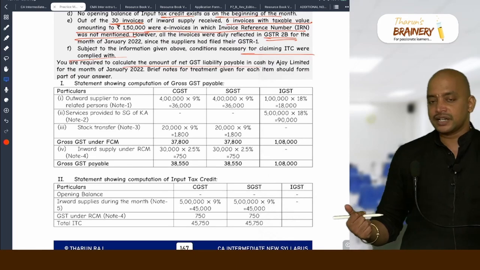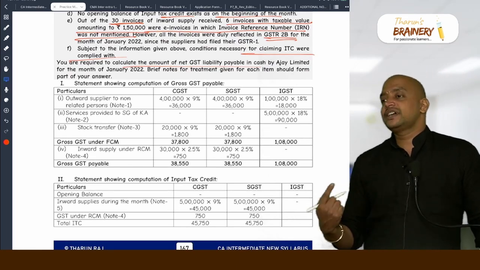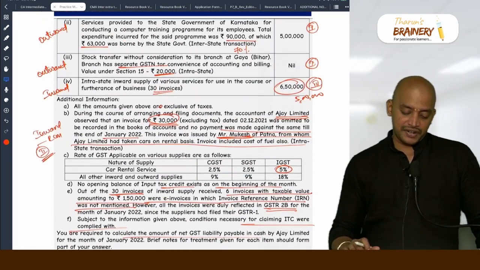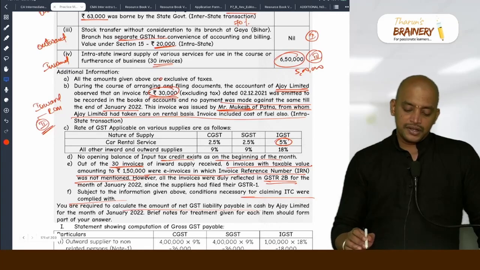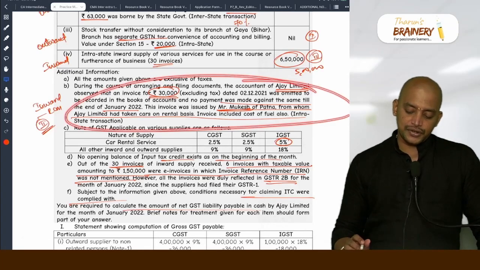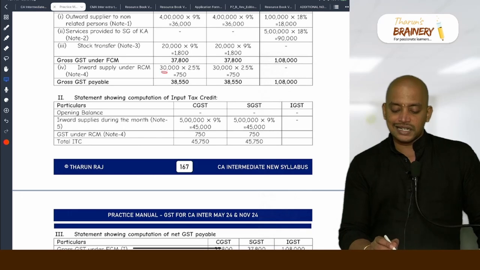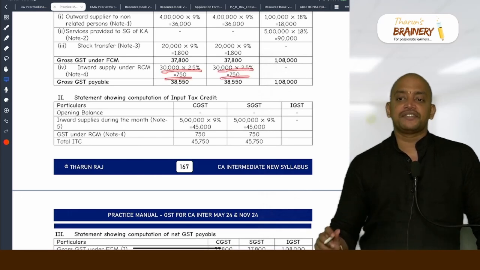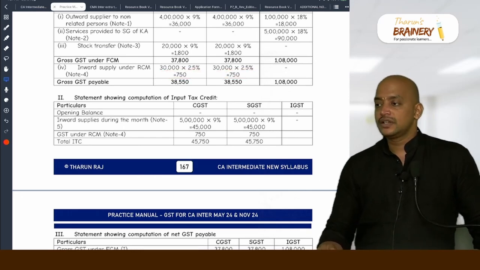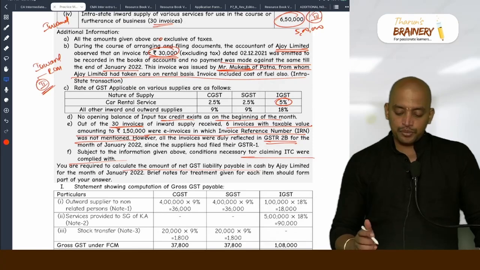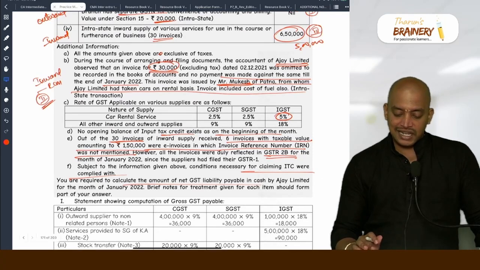Then another statement, that is inward supply under RCM. What is the inward supply under RCM? This renting, so 30,000, intrastate or interstate? Intrastate. So CGST, SGST 2.5%, 2.5%, 750. You understood? Now input tax credit. Is the input tax credit opening balance given anywhere?